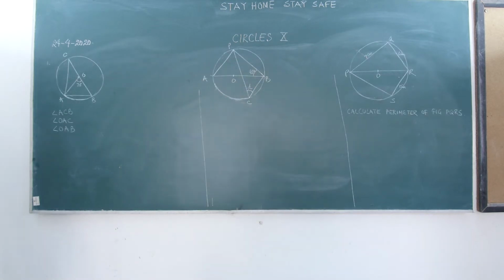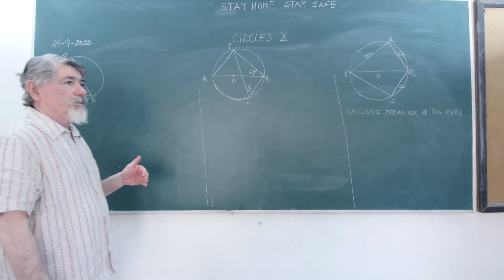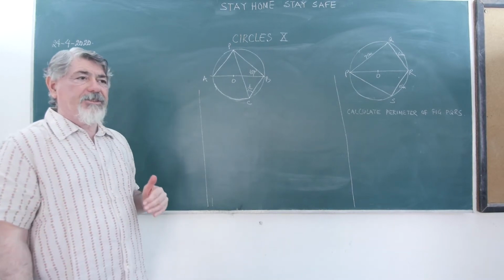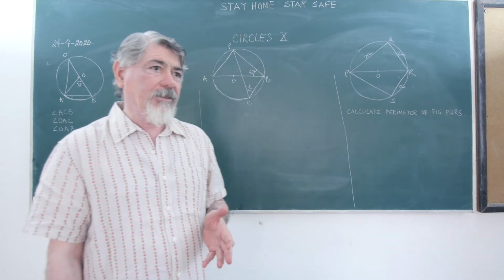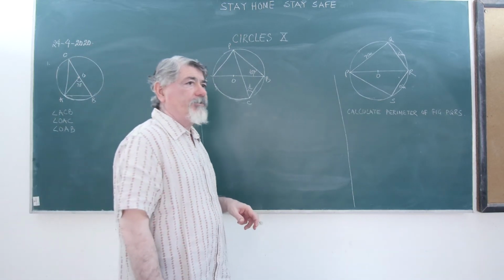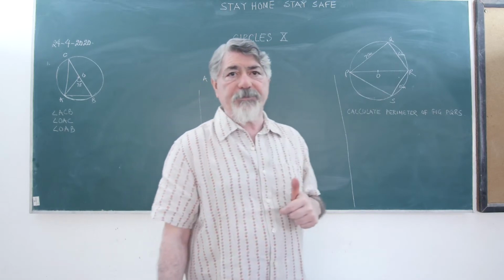We are going to do problems based on the theorem which we have just done, that the angle in a semicircle is a right angle. But that is not the only theorem we are going to use while solving these problems.